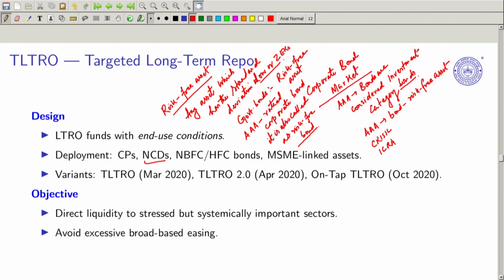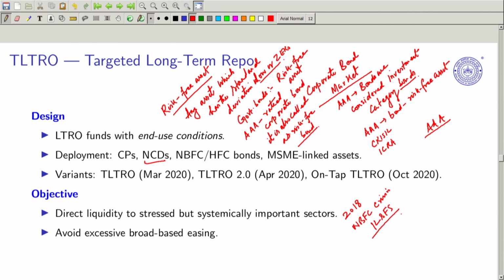But there are exceptions to this, because Lehman Brothers before its collapse also had a triple A rating, and we had the 2018 NBFC crisis, mainly by IL&FS, Infrastructure Leasing and Financial Services.